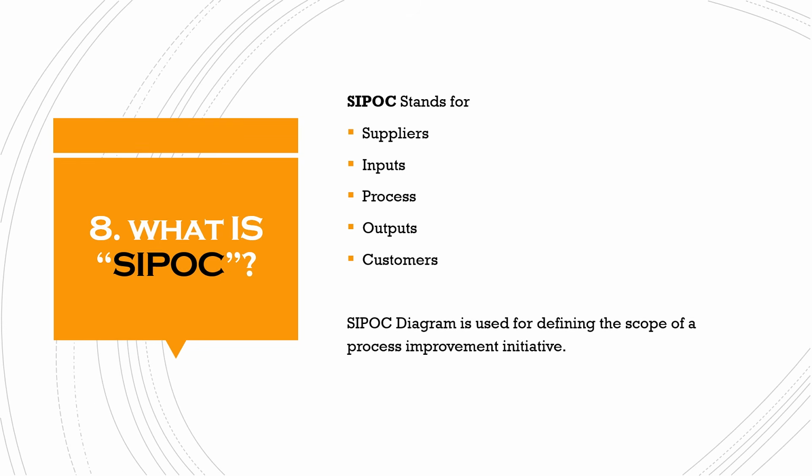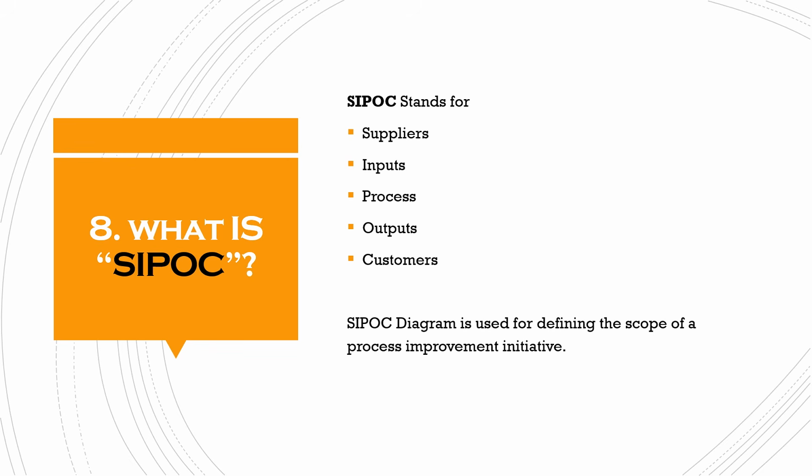Question number 8. What is SIPOC? SIPOC stands for Suppliers, Inputs, Process, Outputs, and Customers. A SIPOC diagram is used for defining the scope of a process improvement initiative and also helps to understand the current state and then to work out the process improvements.